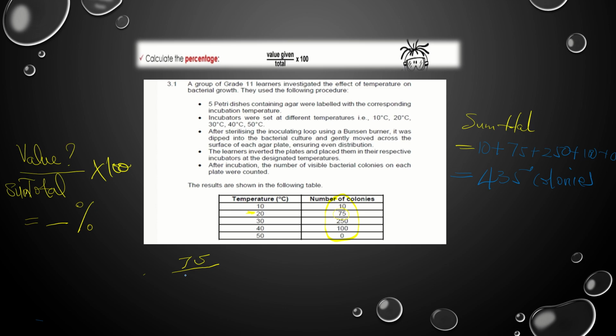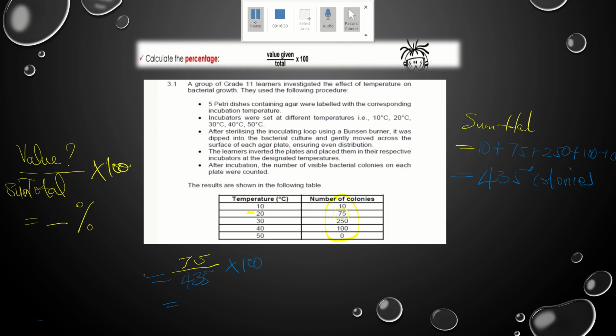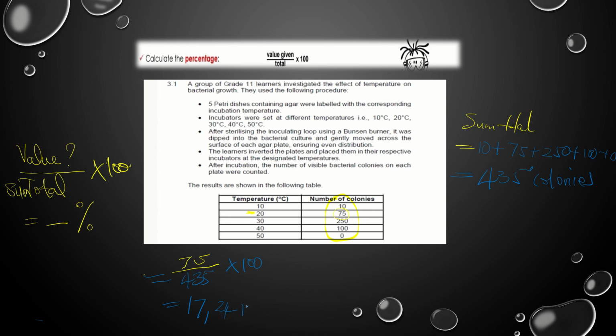So now the sum total is 435. Then we're going to multiply this by 100. I'll give you some time to check. Okay, I hope you've done it. On my side, I'm just confirming. If your calculator shows a lot of numbers, you round them to 2 decimals.